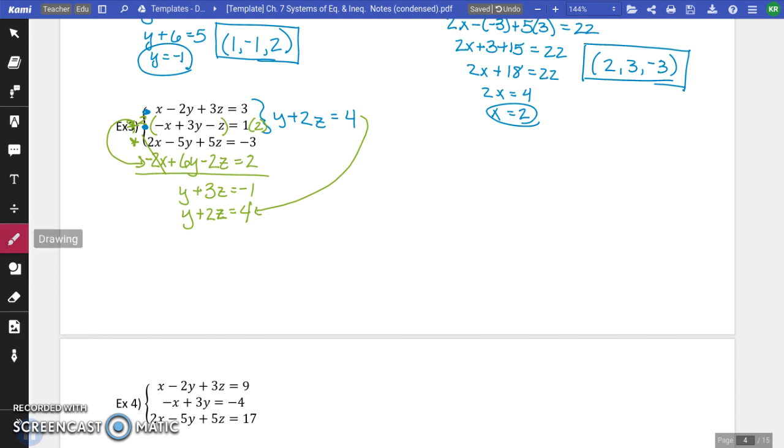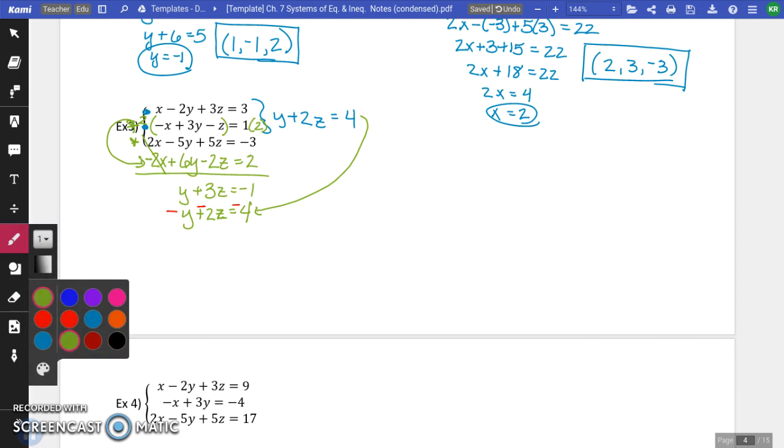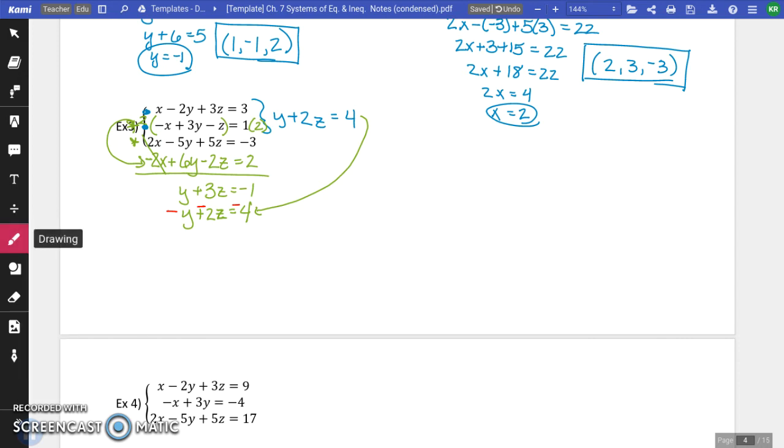So I need to multiply one of the equations by -1. I'm just going to go through and change the signs. Okay, so now I can add these 2 equations together. Those y's are going to cancel, and I get z equals -5. Okay, so there's your value for z.